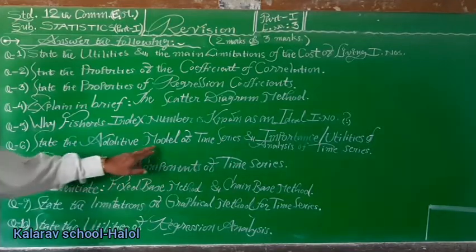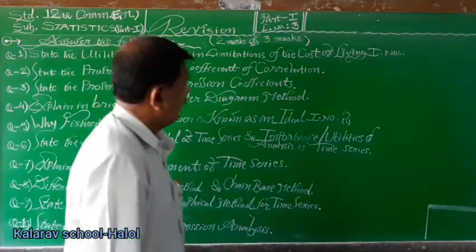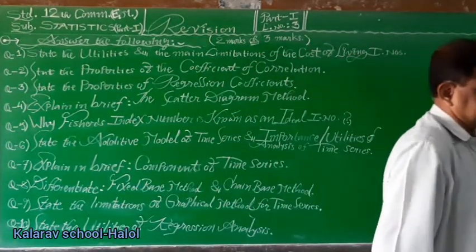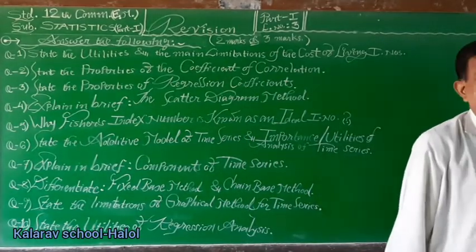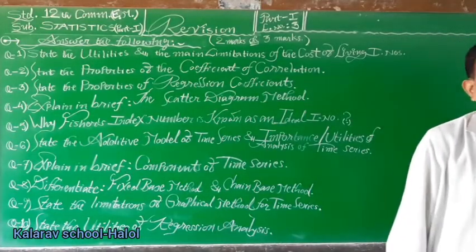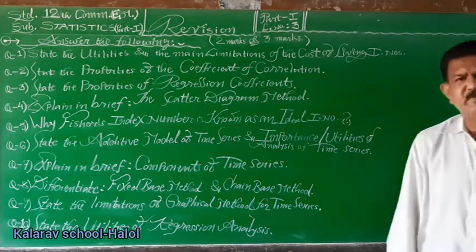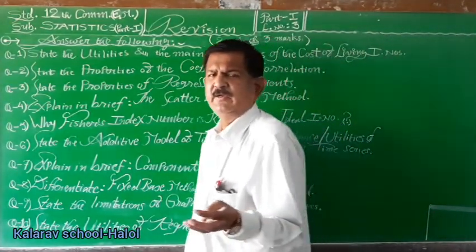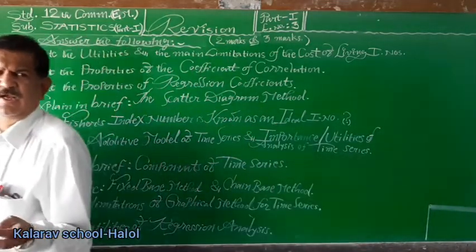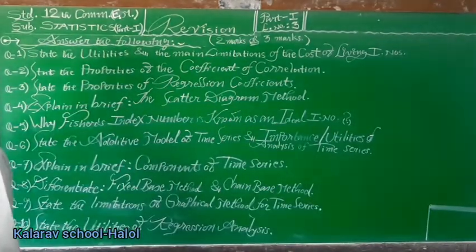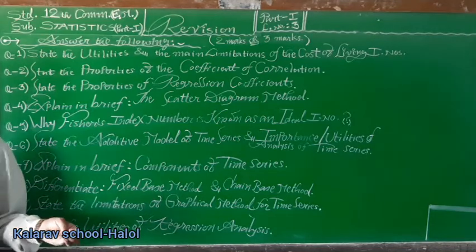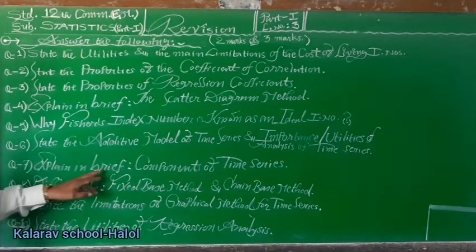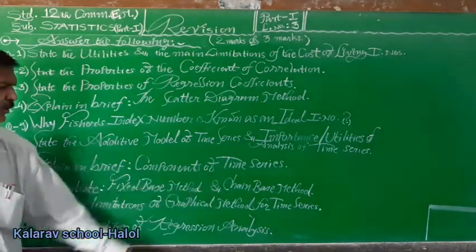State the additive model of time series and the importance or utilities of the time series. In which concept or in which field do we make use of time series? For example, trend means long-term movement, seasonal trend, cyclic trend, and random variations. Also, components of the time series.